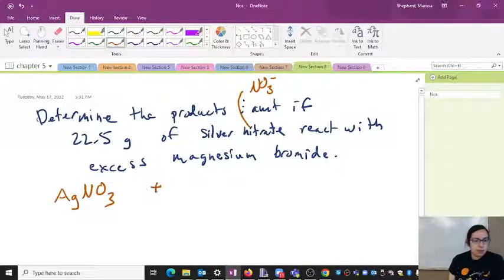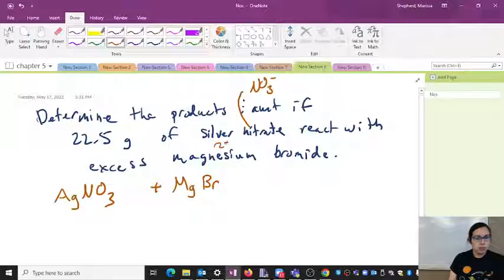And then how do you write magnesium bromide? What's the formula? Br, but then what's the charge on magnesium?